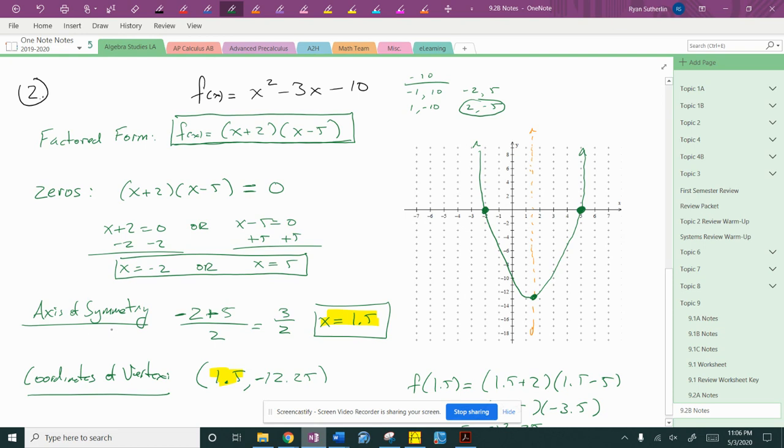Then finding the axis of symmetry by realizing it's the average, in the middle of my two zeros, so I add them up and divide by 2. Then I plug in to get the y-coordinate of my vertex. So a little more with graphing, a little more that we can do now that we know more about factoring and zeros.